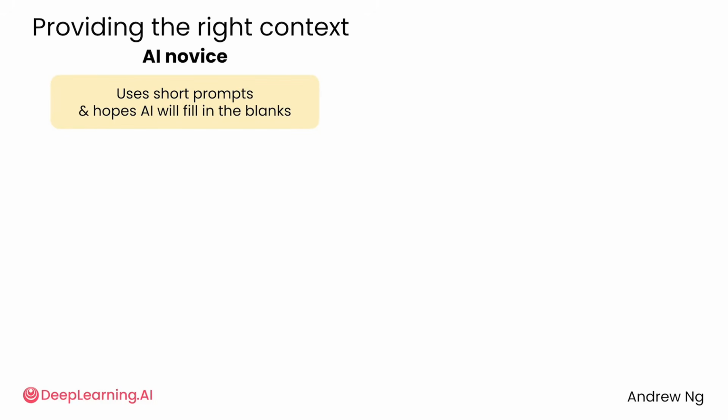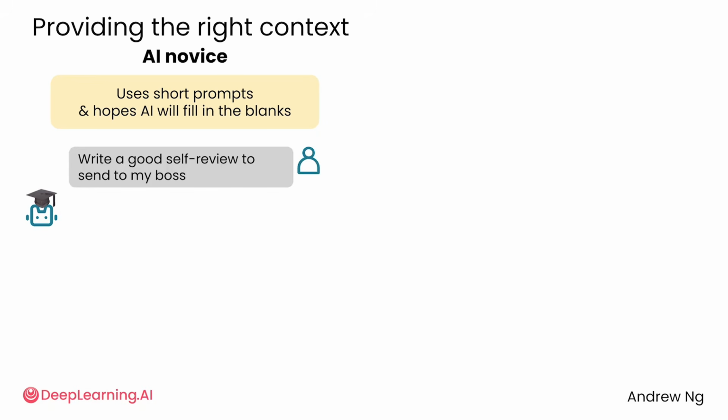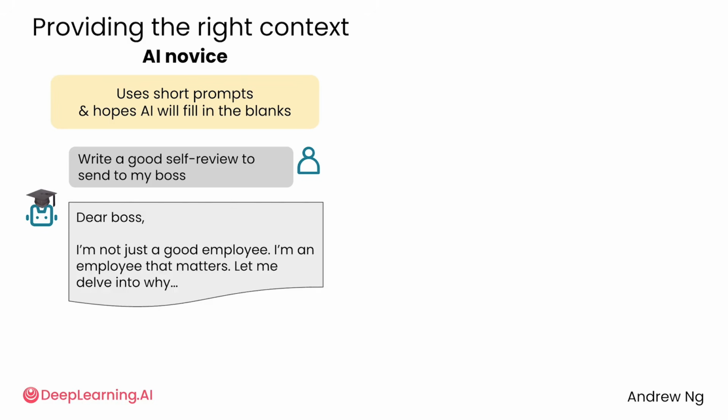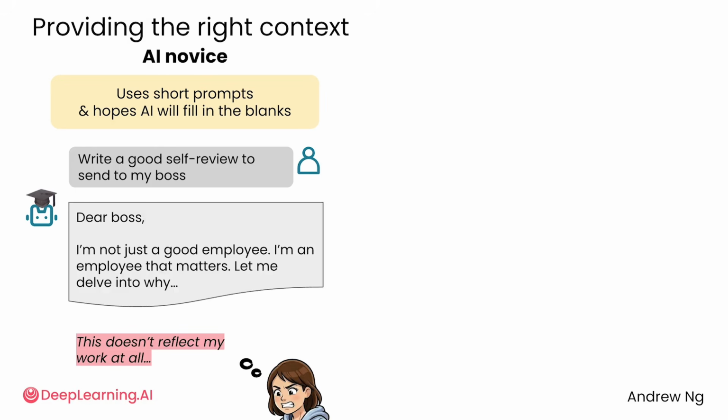But if you think of AI as maybe being akin to a really smart, fresh college grad, highly motivated, but that doesn't really know that much about you yet, then a short prompt sometimes doesn't give it enough information or enough background context to answer your question accurately. So if you tell AI, please write a good self-review to send to my boss, the AI doesn't know what you've actually done over the last year because you haven't told it yet, and it might write a very generic self-review, which isn't that helpful.